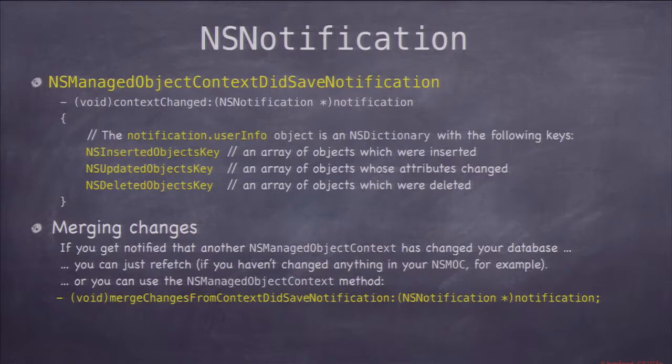So you're watching some other context that's on the same database as yours, but it's a different context. You get a notification, and you can merge those changes into yours as if you had made those changes. And it's all going to be fine when both documents save because you're merging in the same changes, and Core Data automatically deals with it when the same change is being made by two different contexts. Only when conflicting ones happen is it a problem for you.